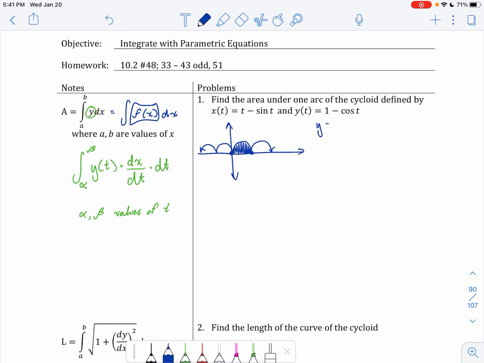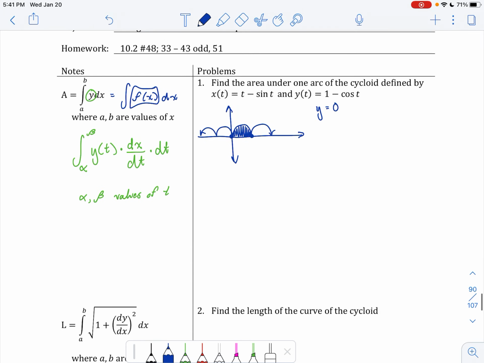To find those bounds, I would say y is equal to 0, since we're looking at where it's ending on the x-axis in both cases. So if y is equal to 0, that just means we want to solve the equation where 1 minus cosine of t is equal to 0. So where cosine of t is equal to 1. Now cosine of t equals 1 at infinite points.